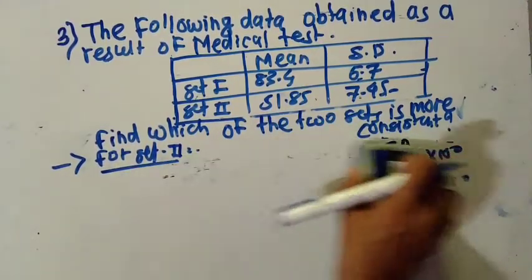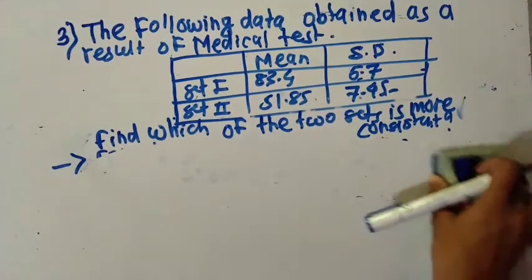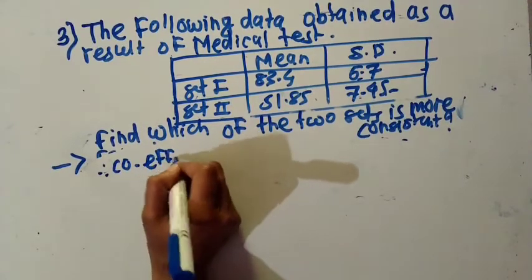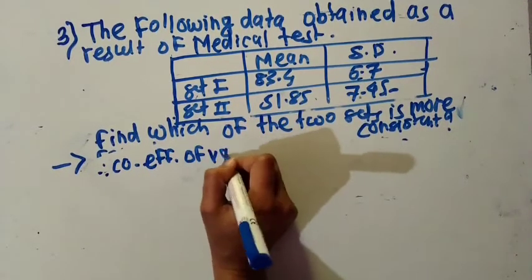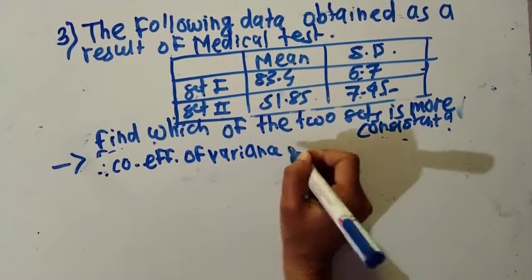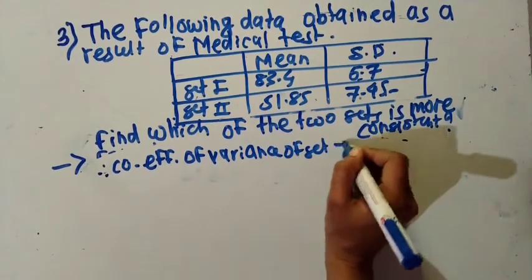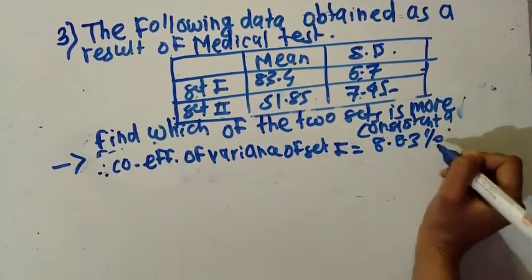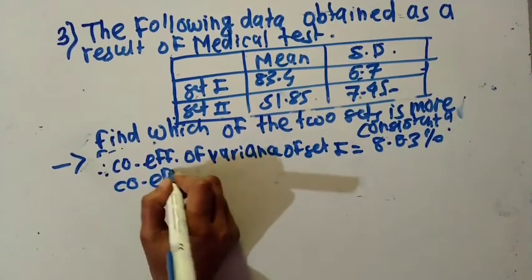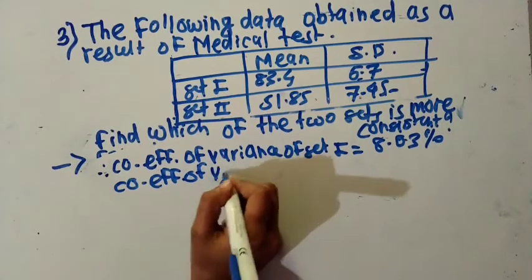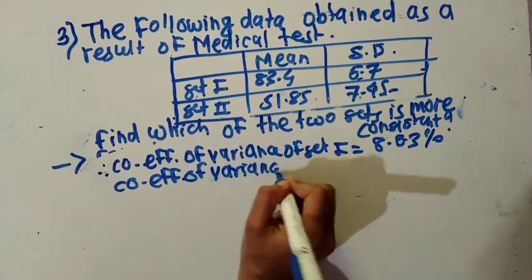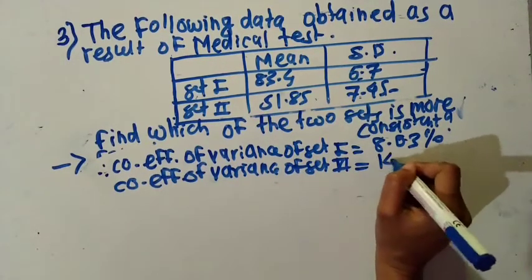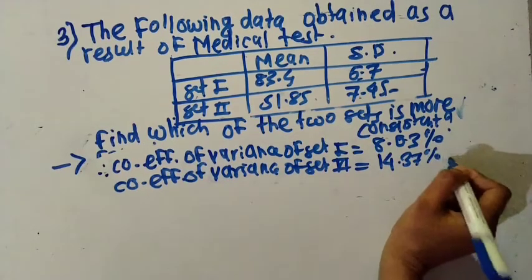Hence, the coefficient of variance of set 1 is 8.03%, and then the coefficient of variance of set 2 is 14.37%.